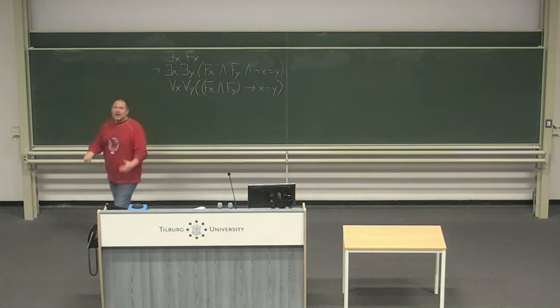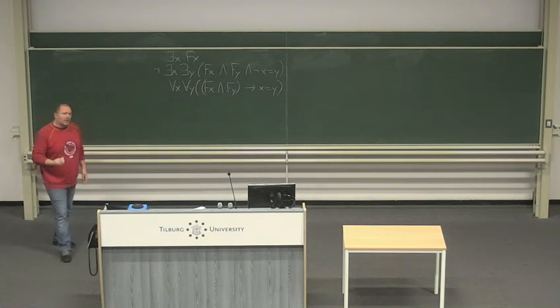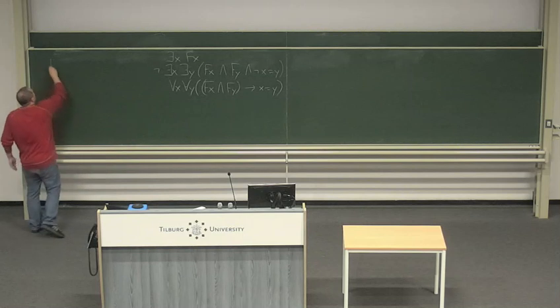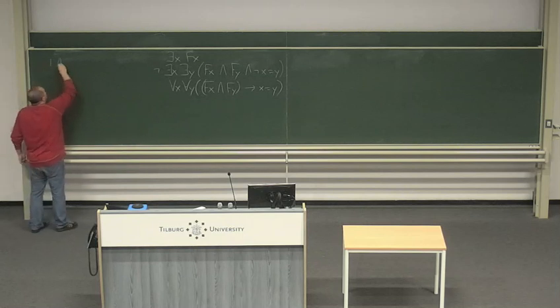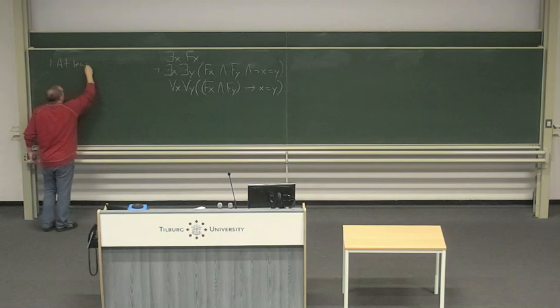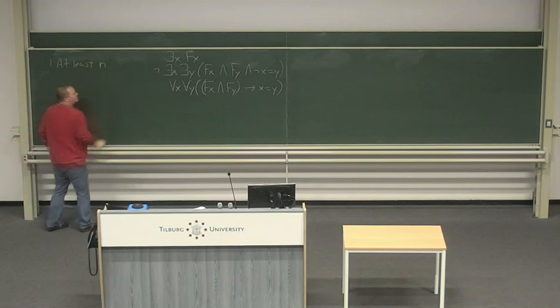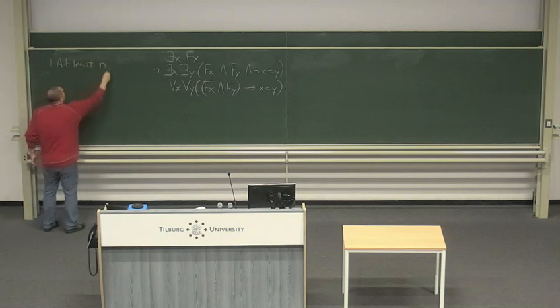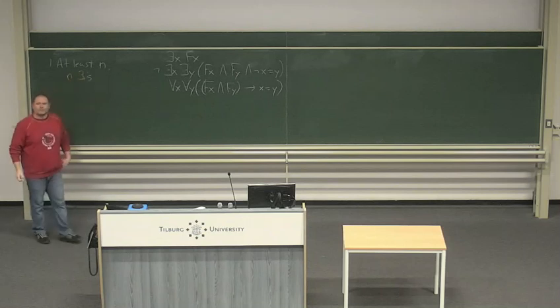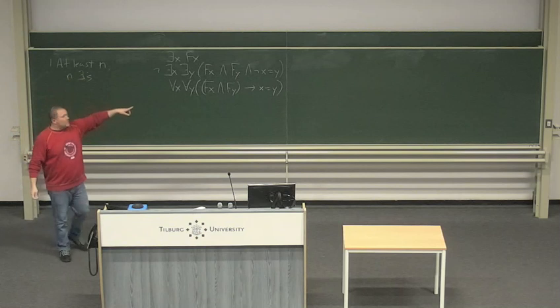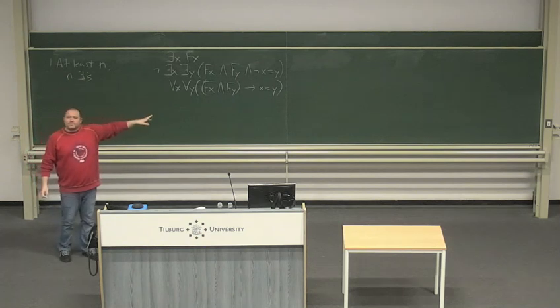So a few helpful tricks to remember here, right? First one: if it's at least n, then you have n existentials. And you're going to need the clauses to say they're different.